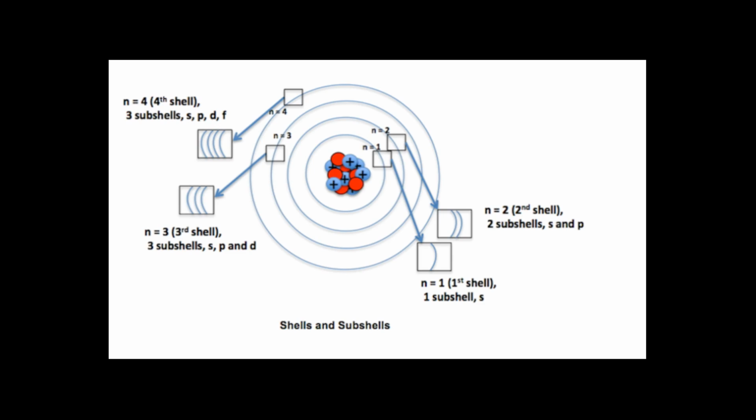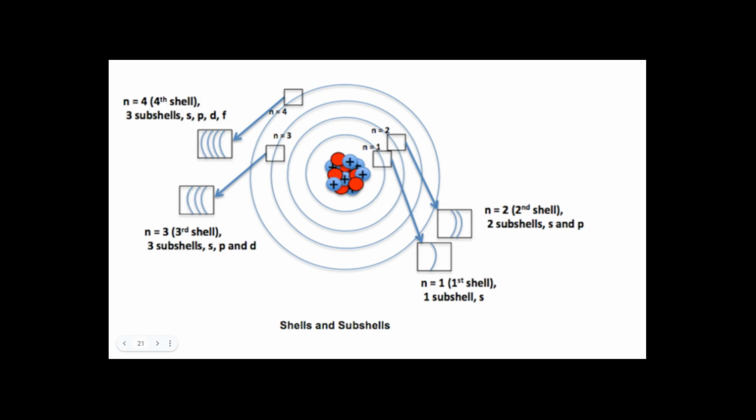If you look at this, the first shell has one subshell, which is s. The second shell has two subshells, an s and 3 p orbitals.